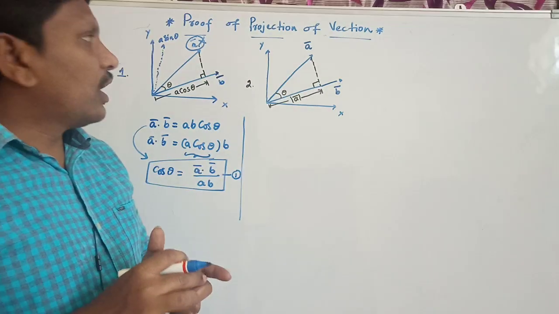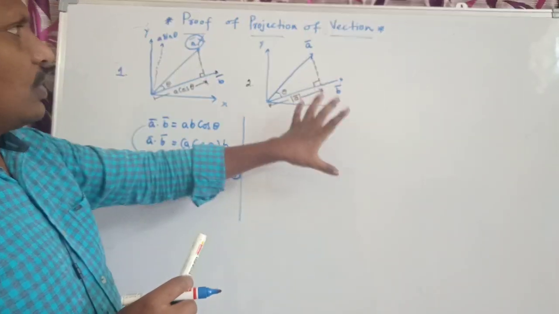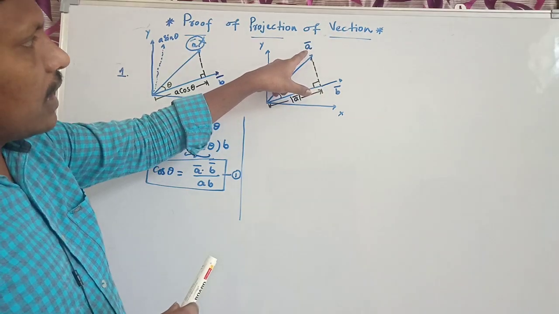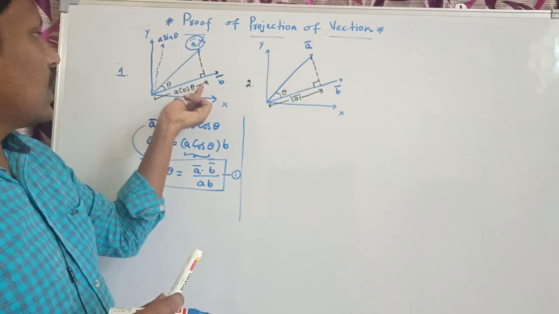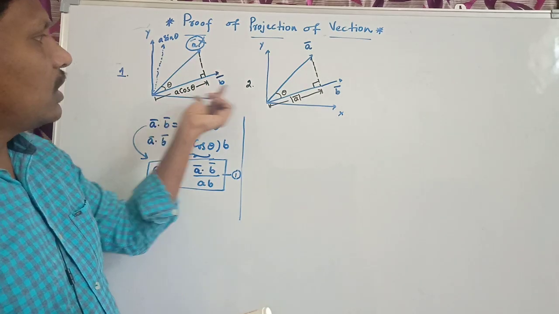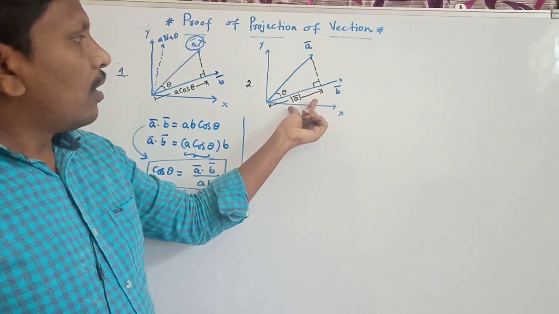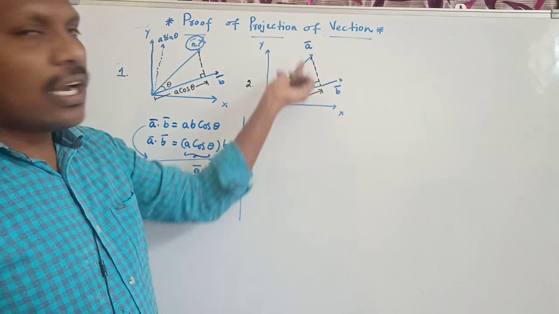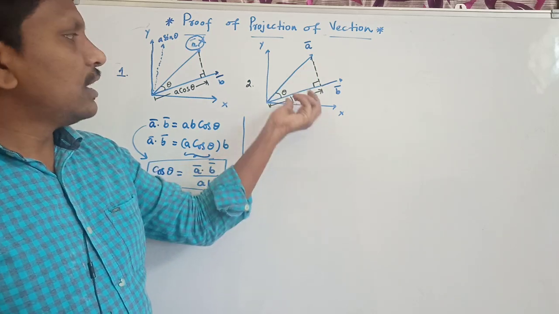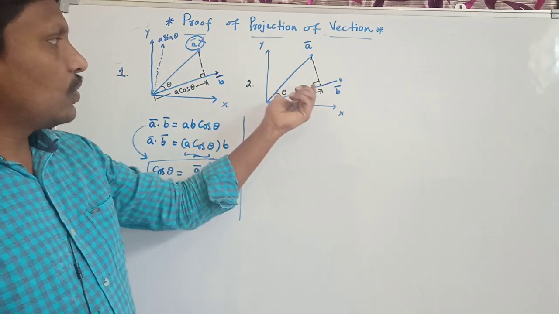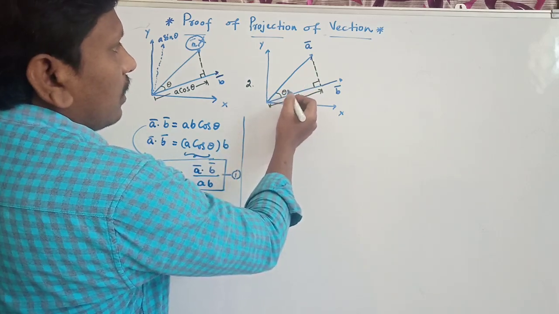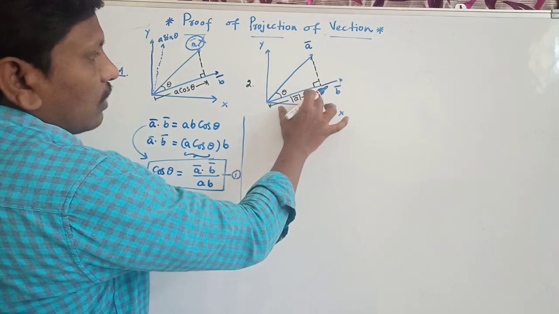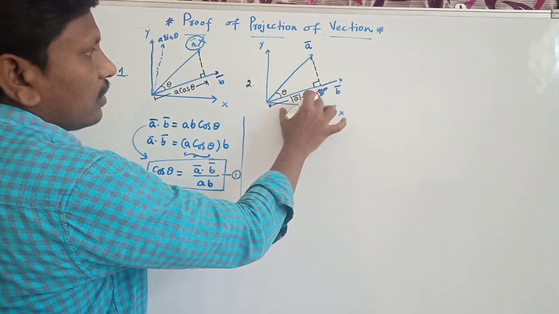Now come to this point. It is also the same: this vector is projected along the direction of the b bar. In that case, a cos theta is a scalar quantity, and mod a bar is also a scalar quantity, it is a magnitude. There is a theta, and this is the horizontal component.